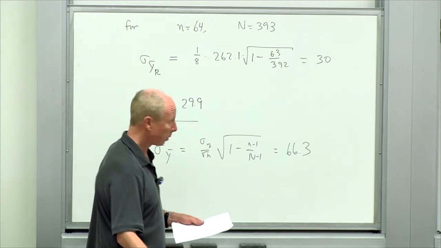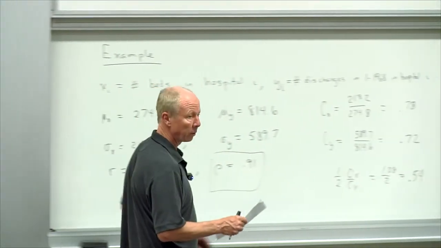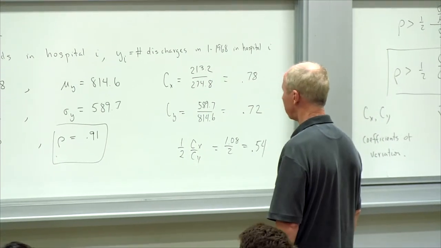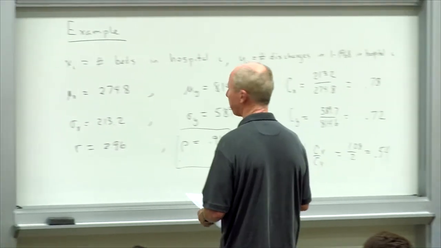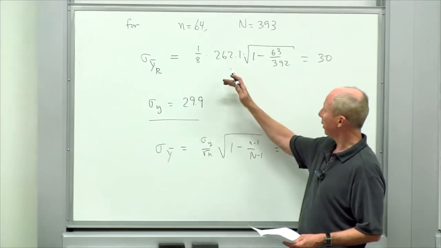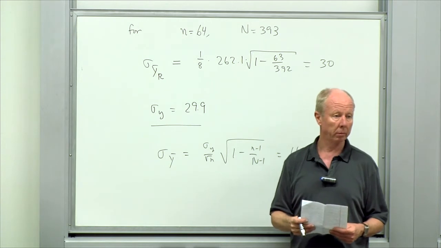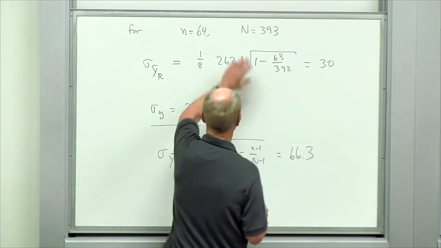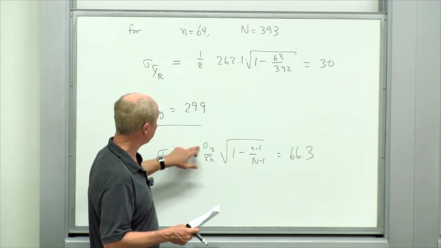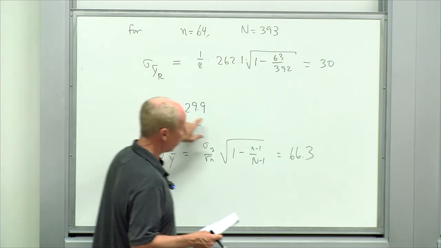Okay. So there will be some exercises based on the ratios. There you have sigma y is 589.7. What do you mean by that one? Well, here. Oh, this is not sigma y. That's s sub y. Remember s, that's from the sample. This is the true one. This is from the sample.